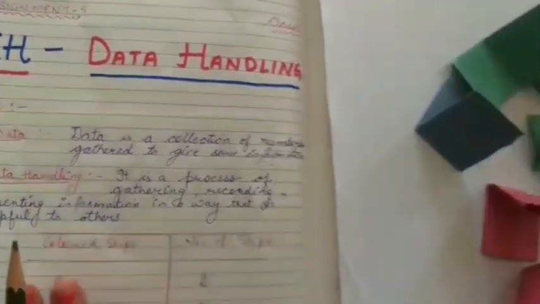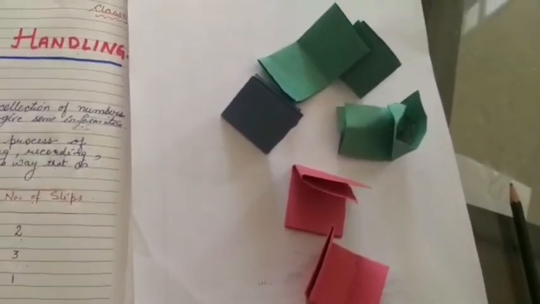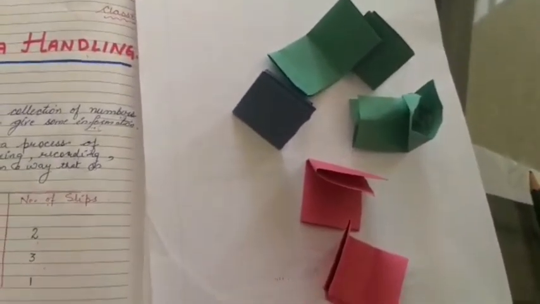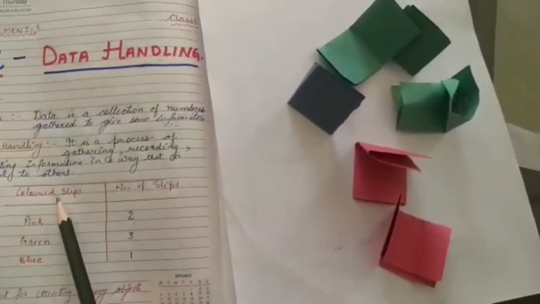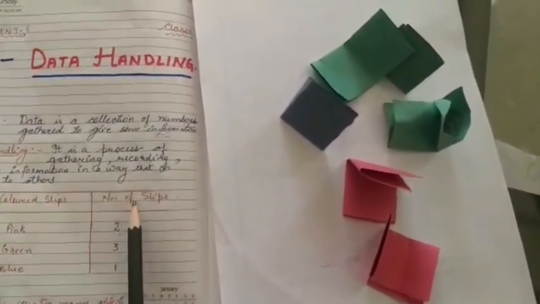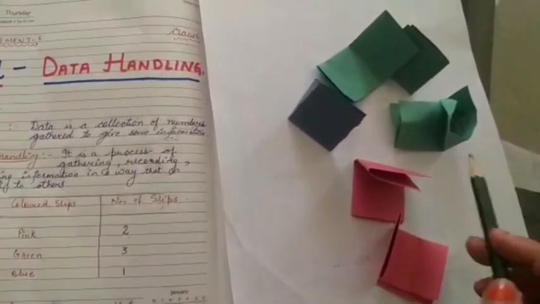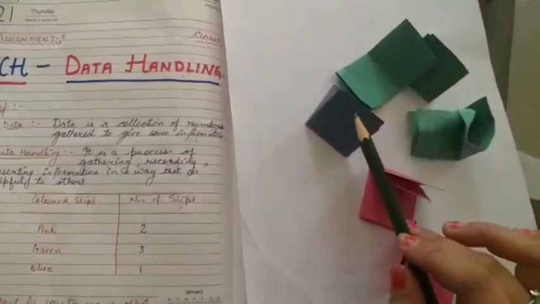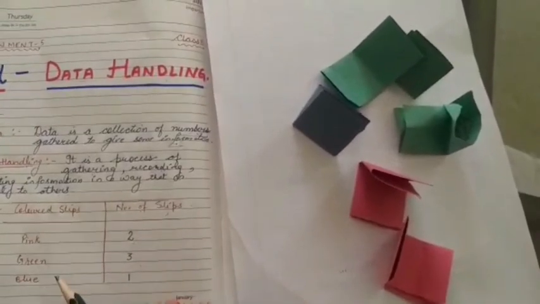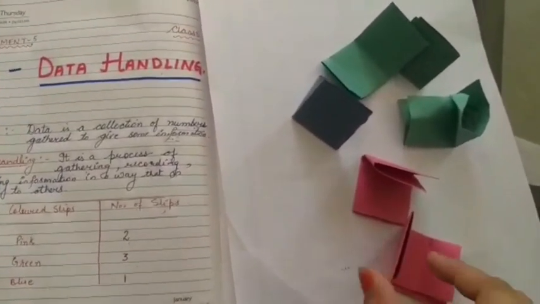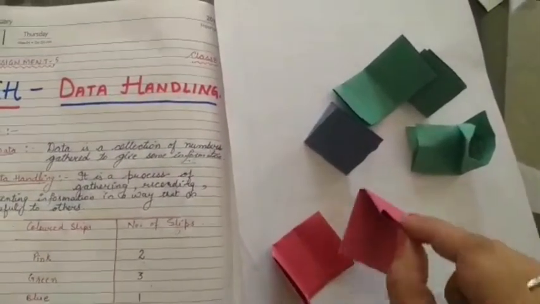Suppose I'm having different colored slips on my table and I want to count the number of slips. So for this I made a chart: colored slips and the number of slips. As you can see, I'm having pink slips, green slips and blue slip. So I write the names here. Now for counting, I count the number of pink slips first, that are 1 and 2.